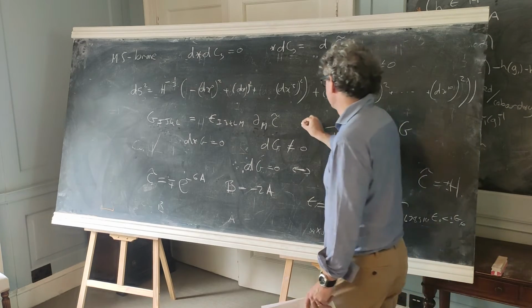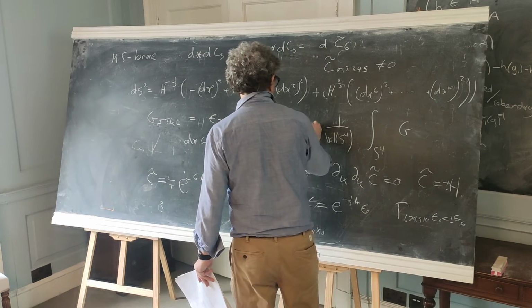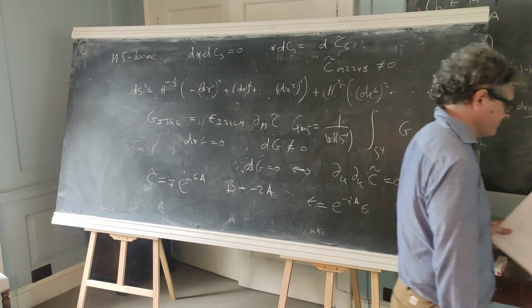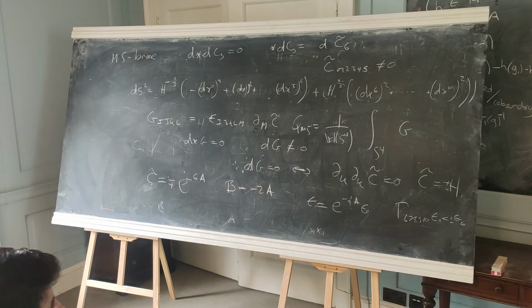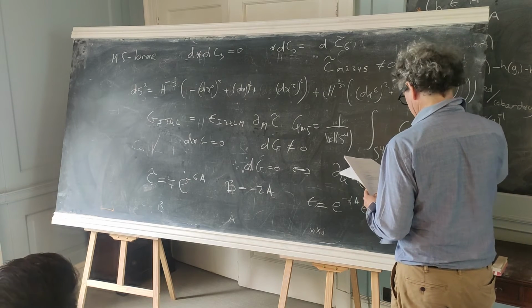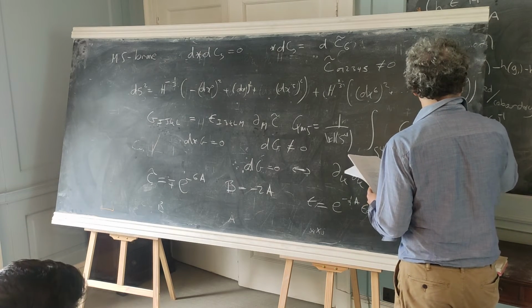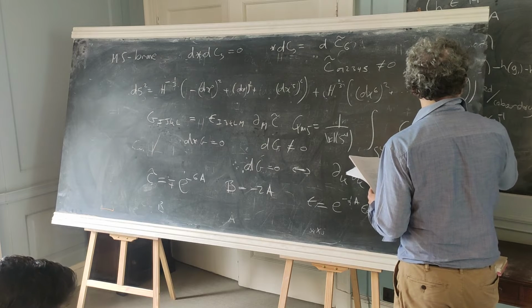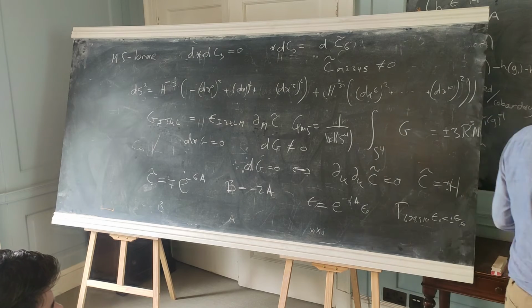So that's the charge. And this, I claim, is something like plus or minus 3 r cubed, where that's some scale, times the number of sources.